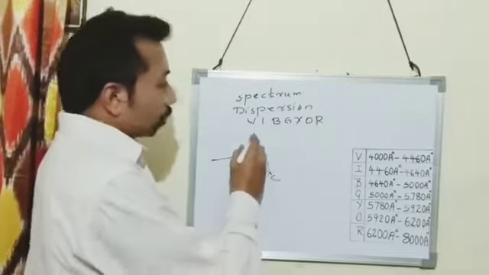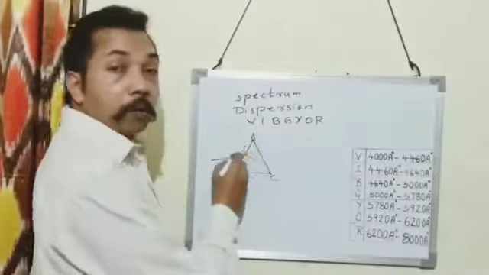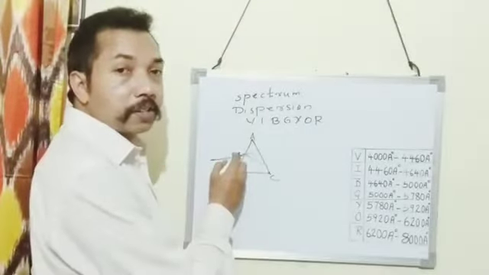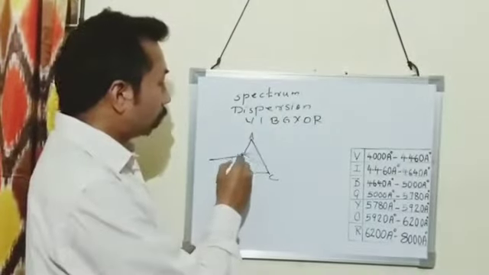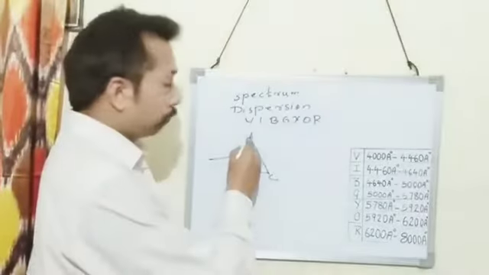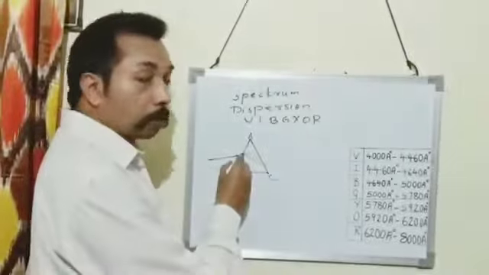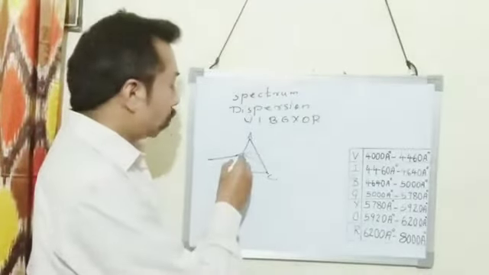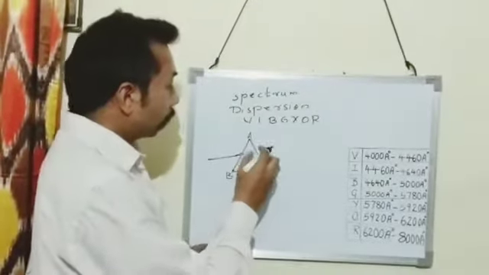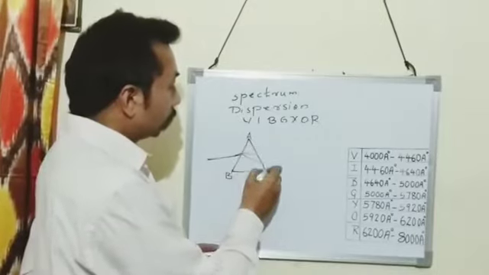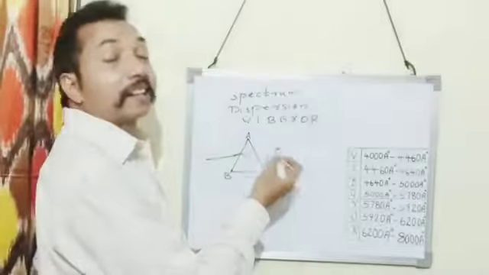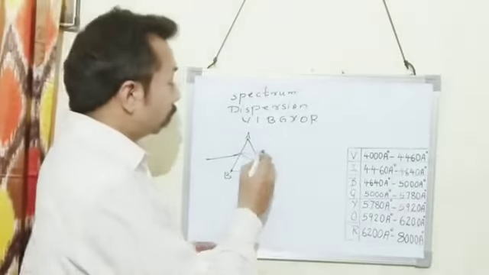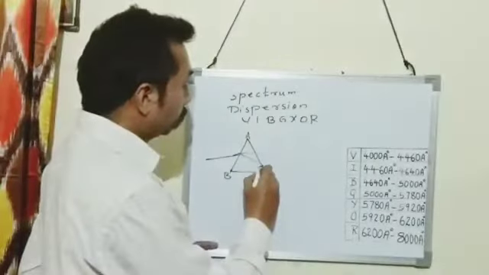This separation or dispersion of white light into 7 colors takes place on the first surface AB. On the surface AC, the colors are further separated due to refraction of light.